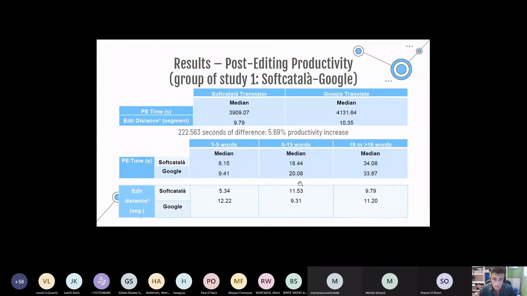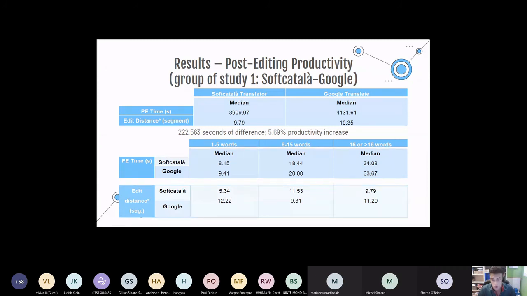Regarding the third evaluation, post-editing and productivity, in this first group of study among Softcatalà and Google, we can see that the post-editing time in seconds of 100 segments each text, 200 segments in total, is 3,909.07 seconds, while Google Translate is 4,131.64 seconds.